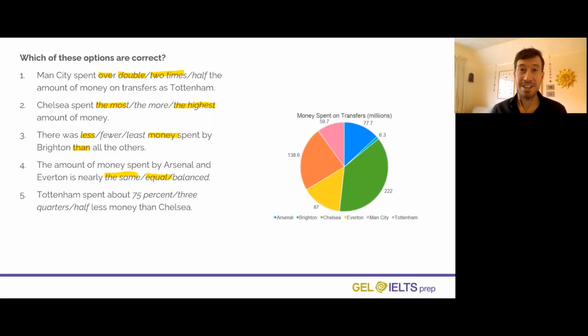Now look at the next question and try to choose the correct option here. Tottenham spent about 75%, 3/4 or half less money than Chelsea.